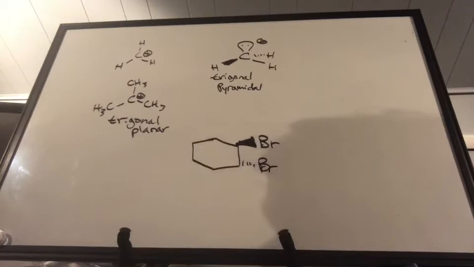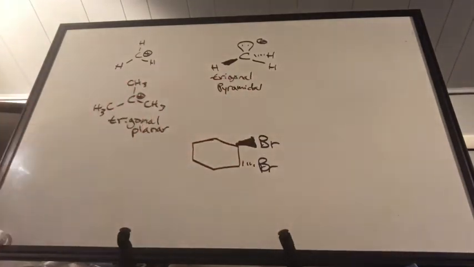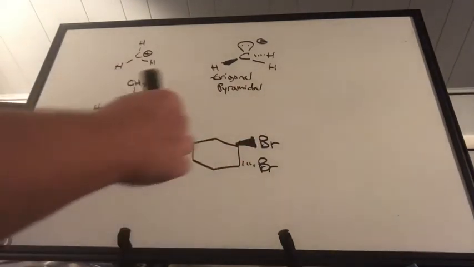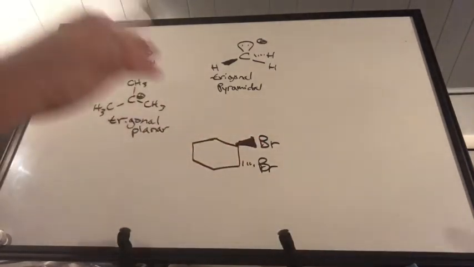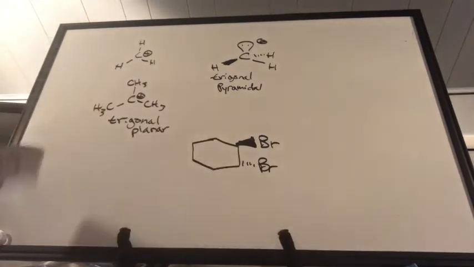All right, so let's now think about model kits and actually putting these together. If you want to try for your own exercise, if you've already bought a model kit, you can check that out and build it and see what kind of geometry you're going to get and see where those bromines end up with respect to how your ring is formed and looking.